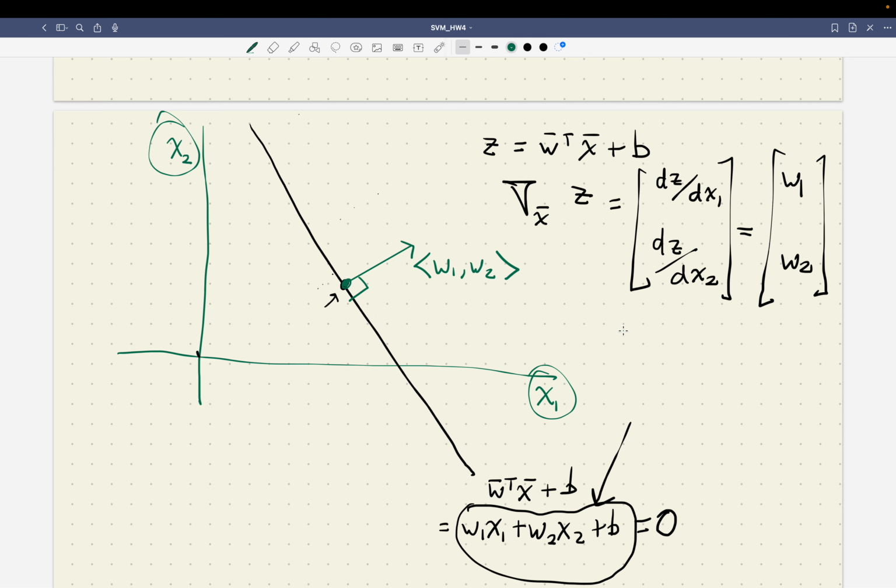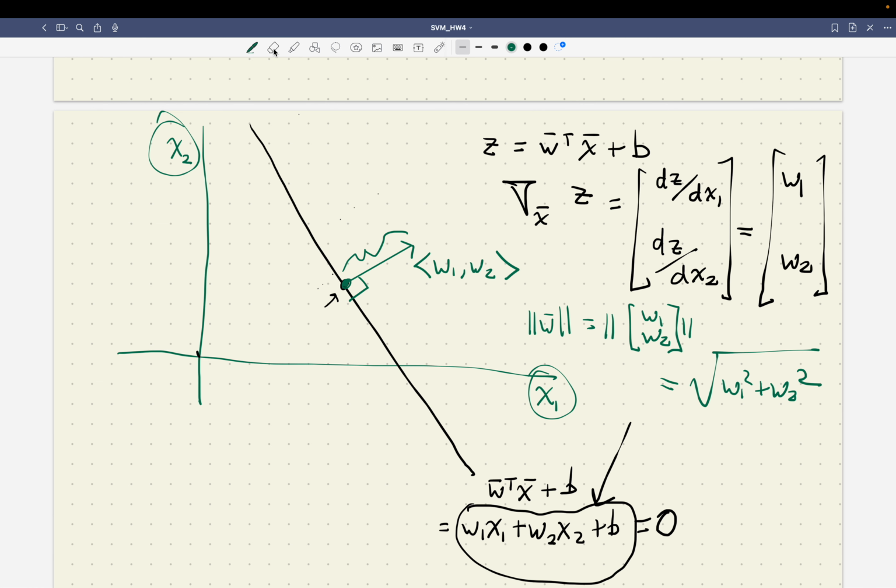Its magnitude, the magnitude of w, where I understand this to be the magnitude of the vector (w1, w2), sorry for the inconsistent notation, is the square root of w1 squared plus w2 squared. That is the length of this line, and it reflects the steepness of the plane that's making the decision boundary.